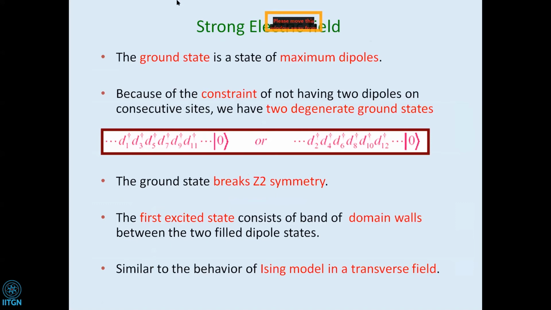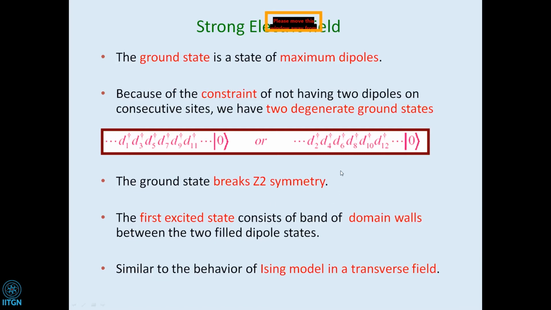So this means you can form dipoles either on all odd links, 1, 3, 5, 7, 9, etc., or on all even links, 2, 4, 6, 8, 10, 12, because two dipoles cannot occupy nearest links. Therefore you have two degenerate ground states in the limit of large E minus U, and the ground state chooses one of them, and hence it breaks a Z2 symmetry.